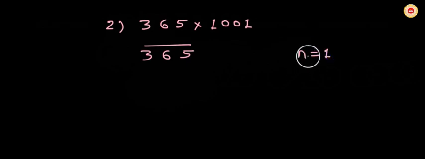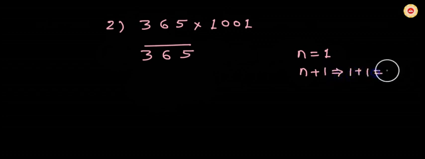What is n? n is the number of groups in the given multiplicand. It means that we need to calculate the answer in n plus 1, that means 1 plus 1 is equal to 2 parts. Which are those two parts? Left part and right part.